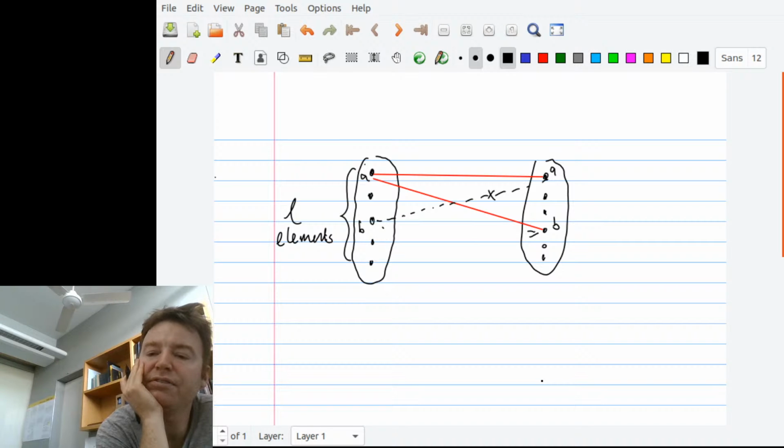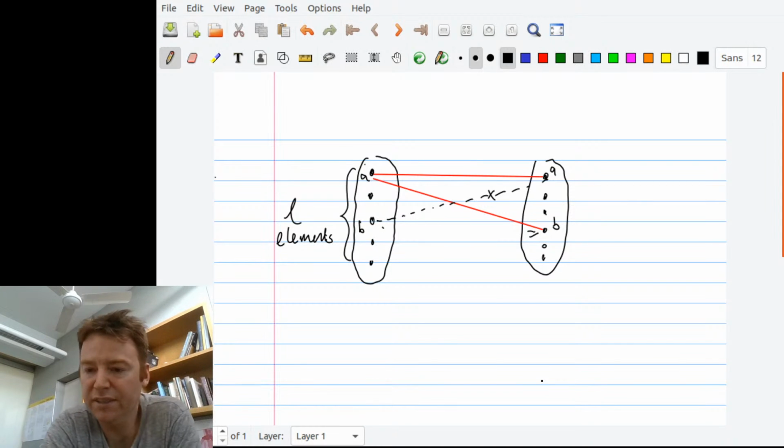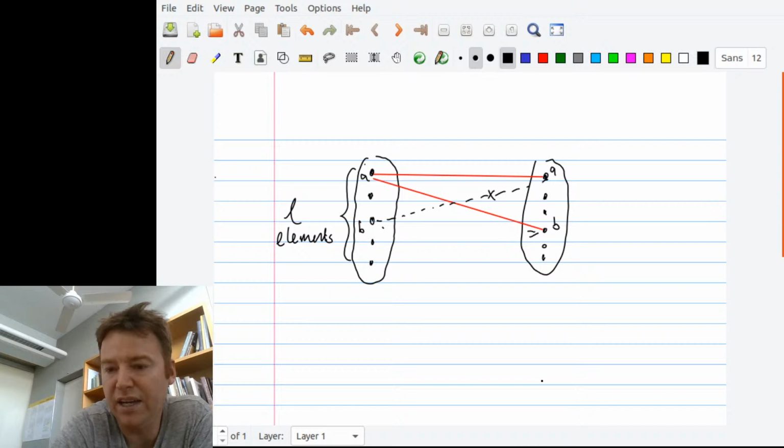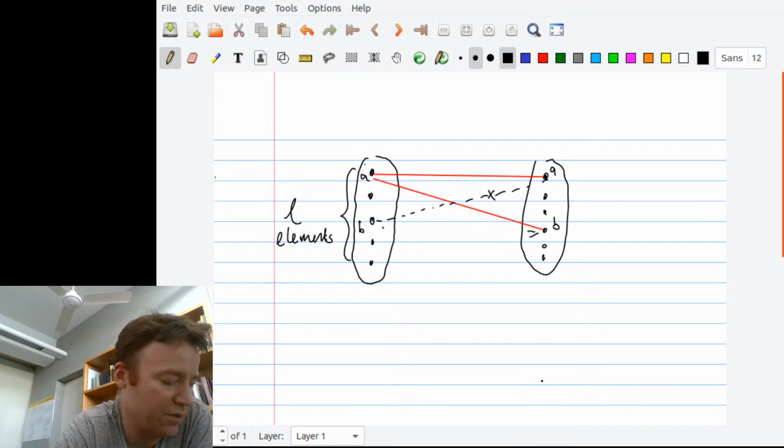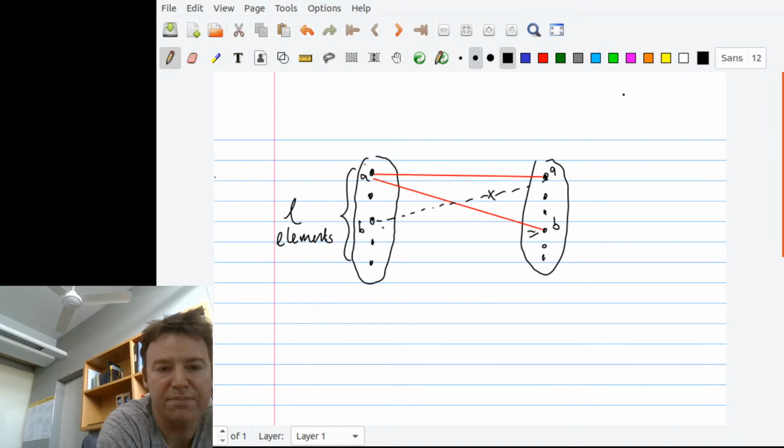I'm wondering if it's easier to look at the ones that are symmetric here. So what I'm thinking is, look at all the cases where the maps are symmetric. And how many are we going to have? Well, if A maps to A, that's fine.